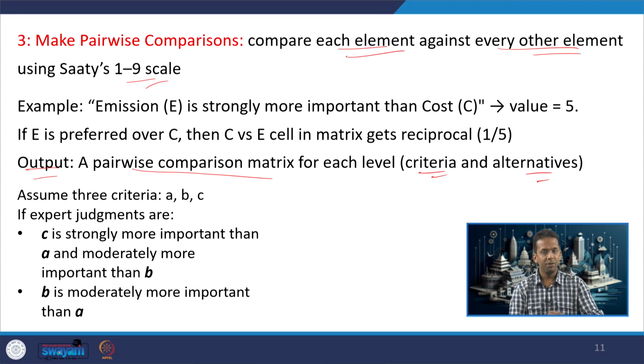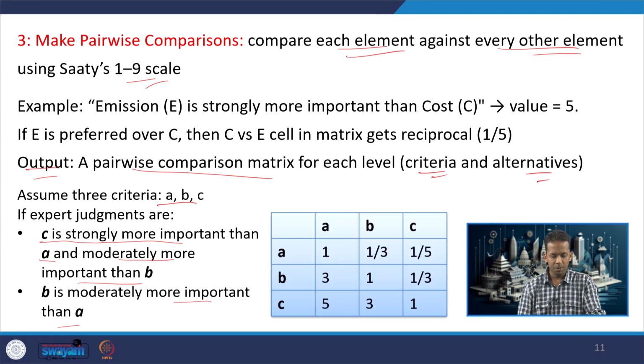So, let me take one more example here. Let us assume 3 criteria A, B, C, and based on the literature data or the expert judgments, it is found that C is strongly more important than A and moderately more important than B, and B is moderately more important than A. So, this is the data that we obtained after consulting the experts or doing a survey.